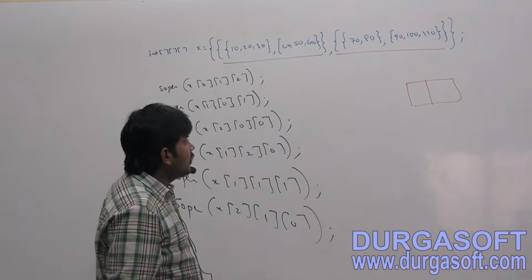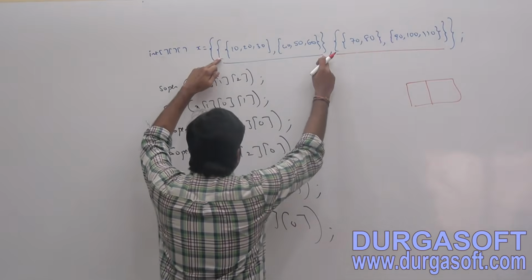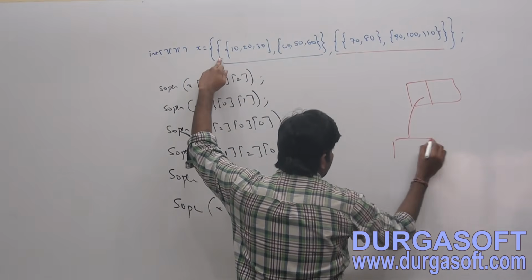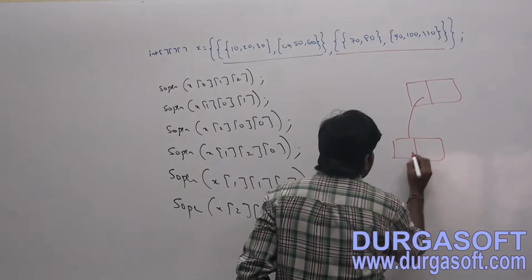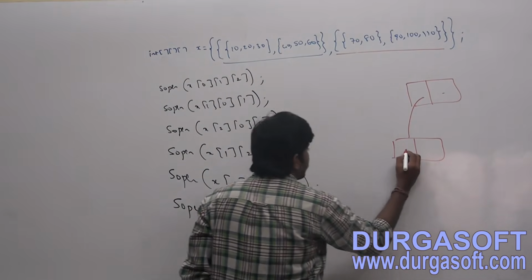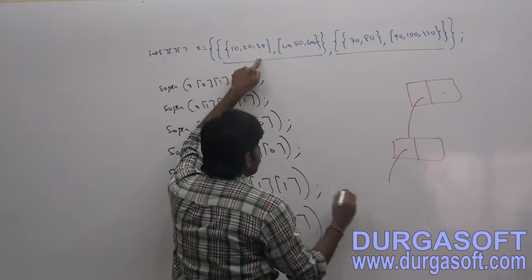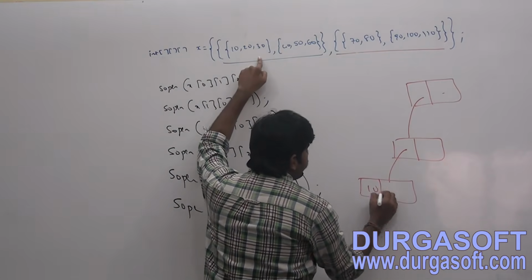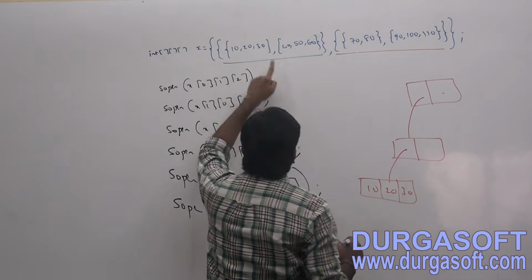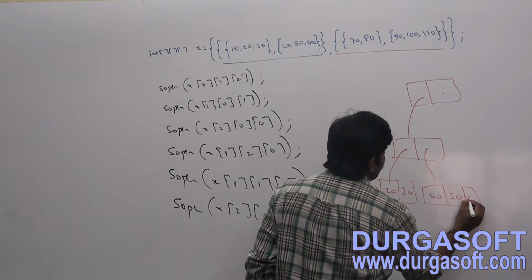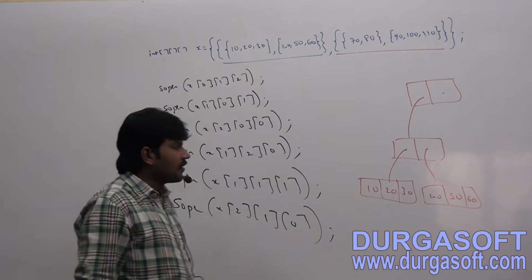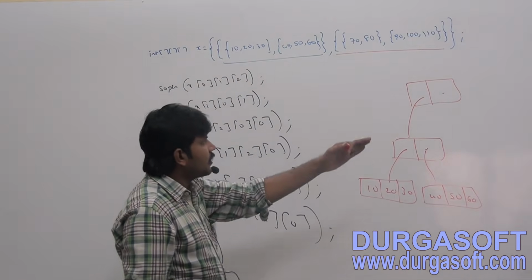In the first 2-dimensional array, once again base size 2. In the first one, a 1-dimensional array with 10, 20, 30. This one also, a 1-dimensional array with 40, 50, 60.